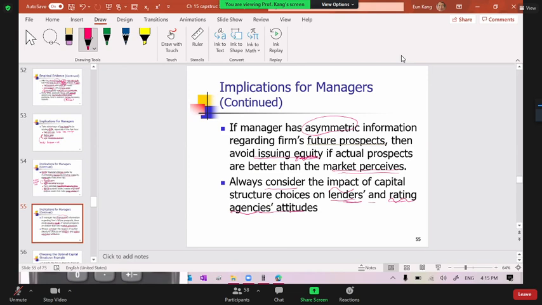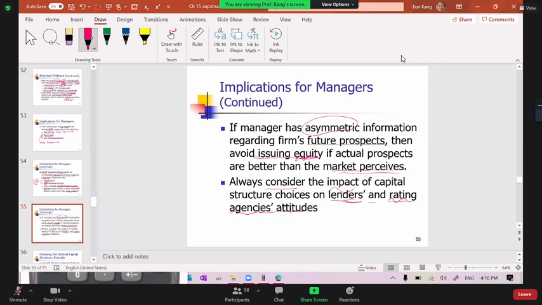They evaluate companies' bonds and rate them like AAA, AA, A, and BBB, BB, C, something like that. If they have too much debt, they may lower the rating. That's detrimental to the company. So you also have to consider how your capital structure change affects lenders' or rating agencies' attitudes.